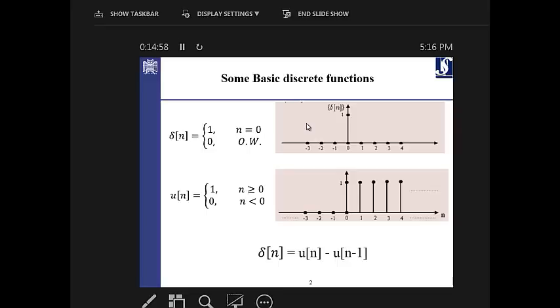So, assume that this is our discrete signal, x of n.